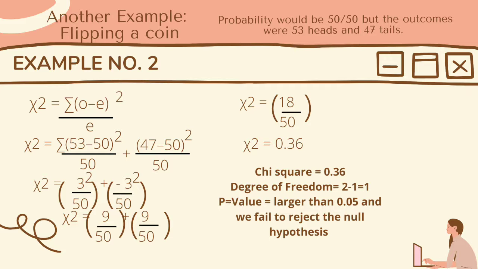Ang p-value ani is larger than 0.05 and we fail to reject the null hypothesis, meaning we still don't have enough evidence to reject the null hypothesis, which is 50-50 daw ang chance kung mag-flip kag 100 times, since the relationship found in the sample is likely to have occurred by chance. Kay duol-duol naman ang outcomes sa expected data.